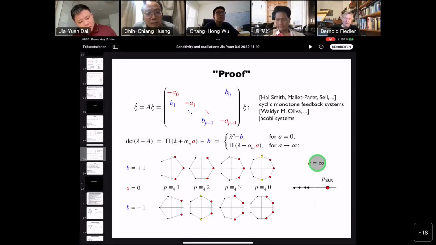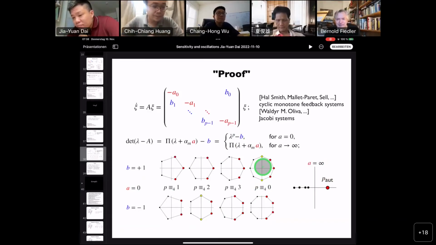So I know the spectrum at A equals infinity, and I know the spectrum at A equals 0 from these roots of unity. And there is a period 4 in the precise arrangement of these roots of unity, but this is all for kids, you know. You can give this to your first year students to figure out what these things are.